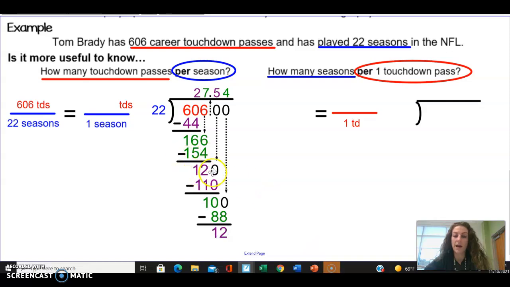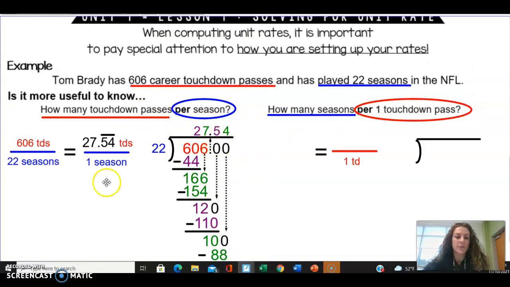And we'll notice, okay, if I keep going, I'm going to bring down a 0. I'm going into 120 again. So we know this 54 is actually going to repeat, which we can draw a line above. It's going to be 27.545454, etc. So let's put this into context. He gets almost 28 touchdowns in one season.